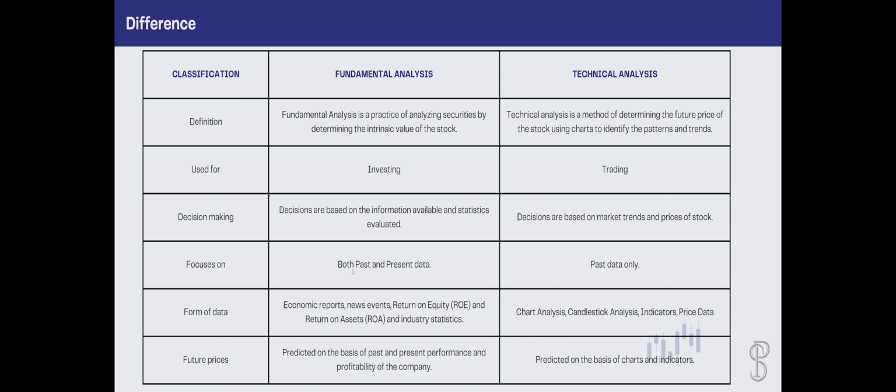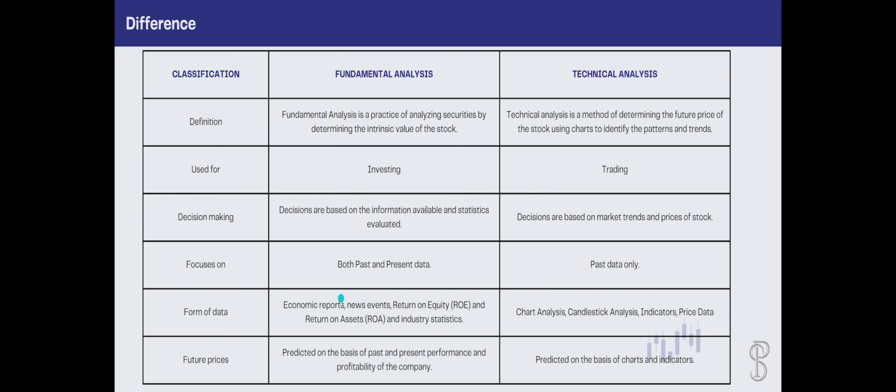Now, the focus of a fundamental analyst would be more on past and present data, and in comparison, technical analysis is more on past data. And that's a big difference between the two: technical analysis can be considered to be stale data, and you're relying on past information to predict what's going to happen in the future.